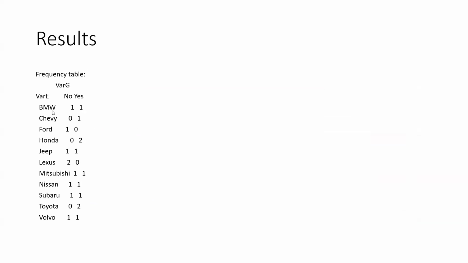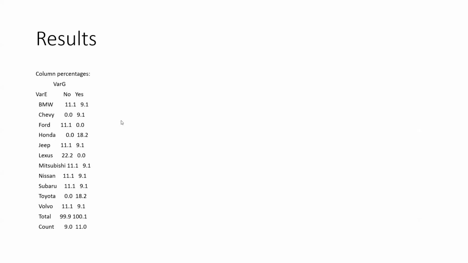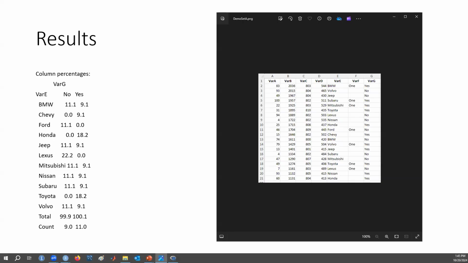We have, again, BMW: No 1, Yes 1; Chevy: No 0, Yes 1. And instead, we have column percentages as opposed to row percentages. If you needed help interpreting this, just go ahead and take a look at Introduction to Statistics, video number 6.